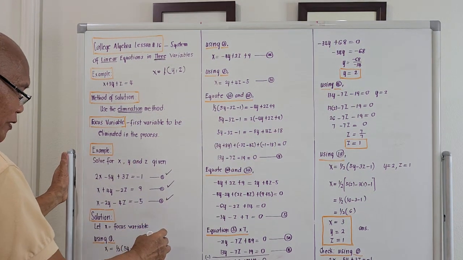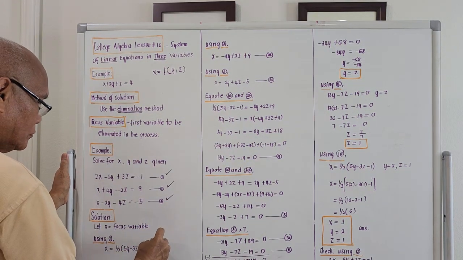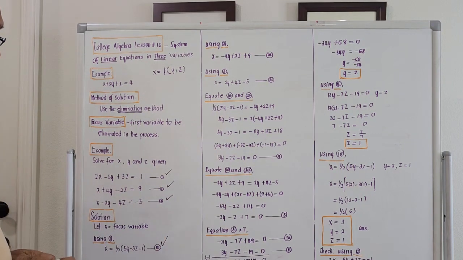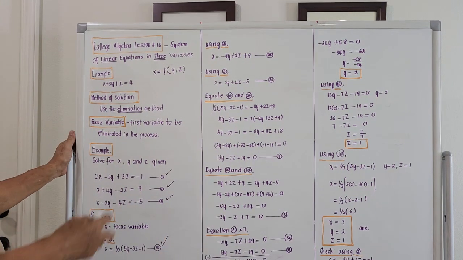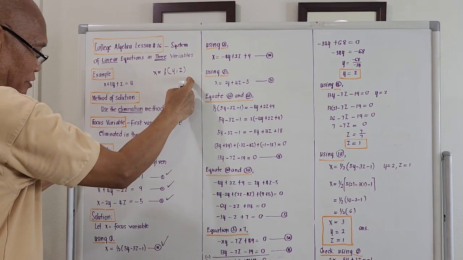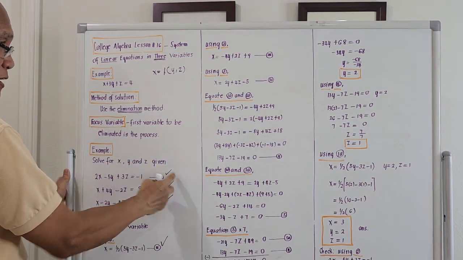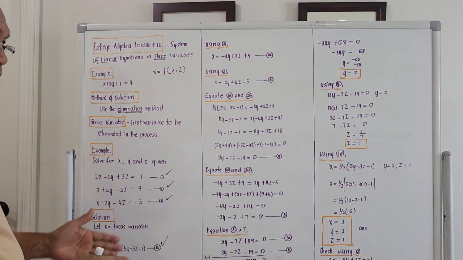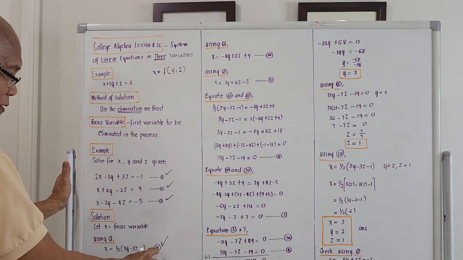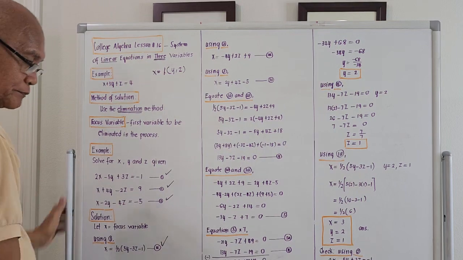We call this equation 1a. We are now given the relation of x in terms of y and z by manipulating equation number 1. Since we manipulated equation number 1, we will change its name. We put it as equation number 1a.